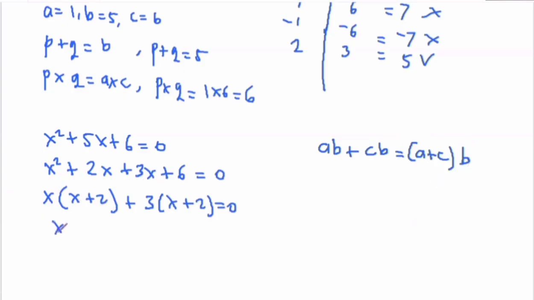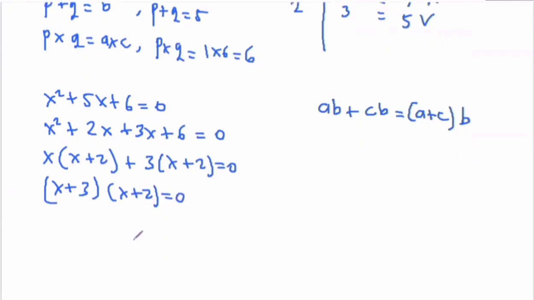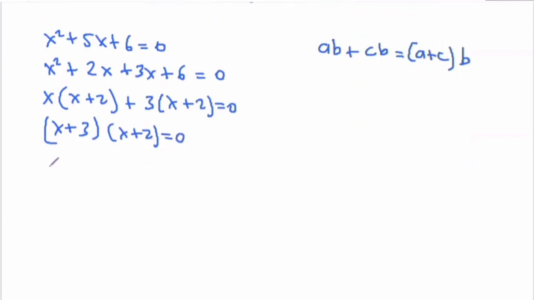We can continue. x plus 3 times x plus 2 is equal to 0. Then x plus 3 is equal to 0, or x plus 2 is equal to 0. Then x is equal to minus 3, or x is equal to minus 2.